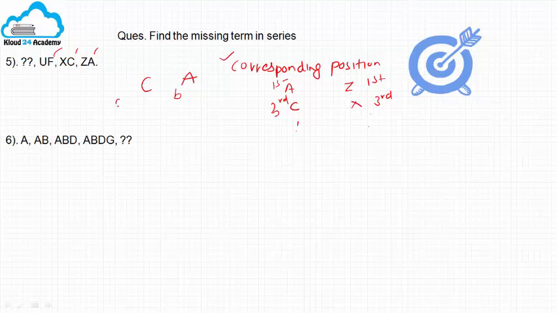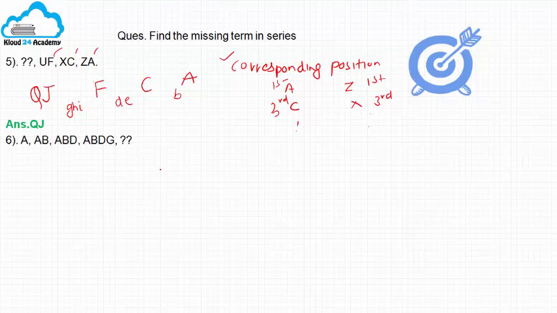Now they have left two alphabets, D, E, and they have moved to F. So we have to leave 3 alphabets now, G, H, I. Next alphabet will be J. And the corresponding position to this alphabet is Q. Jungle Queen is the shortcut which we have to remember from the table. So this is the answer, QJ.